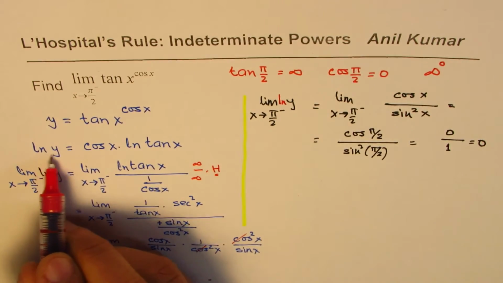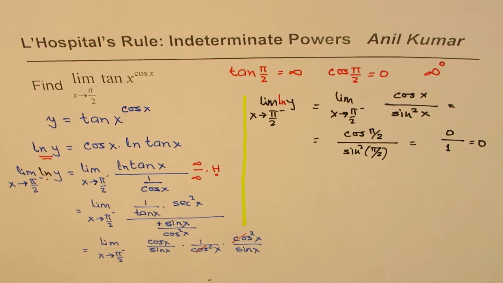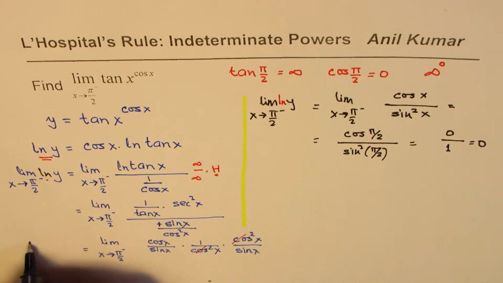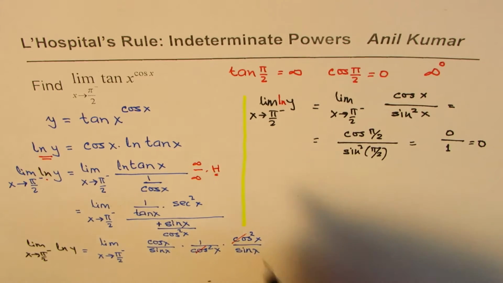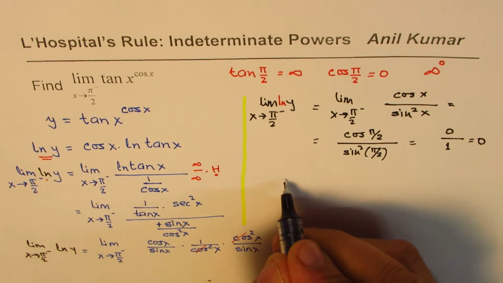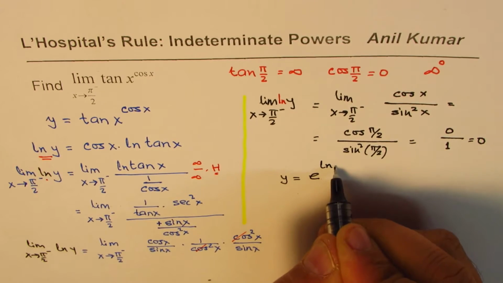We took log both sides, right? Natural log, this step, so limit of ln y. So this stage, it was limit x approaches pi by 2 from the left side of ln y, right? So basically, you could write y as e to the power of ln y, correct?